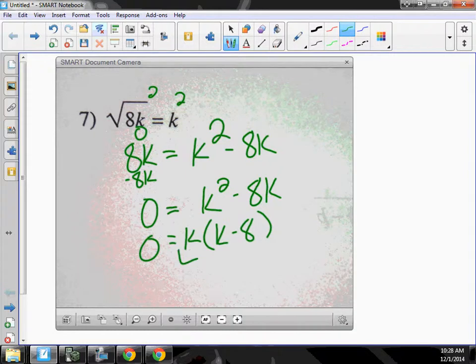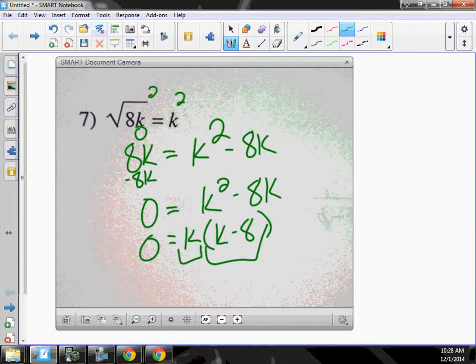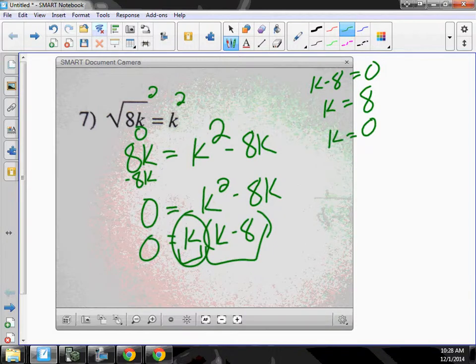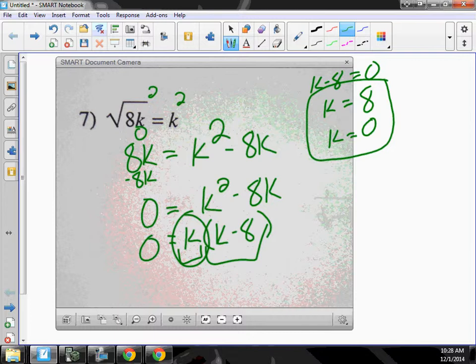These are my 2 factors. So I set both factors equal to 0. So k minus 8 equals 0. So k would equal, add the 8 over, k equals 8. I set this equal to 0, k equals 0, and I'm done. Those are my 2 answers.